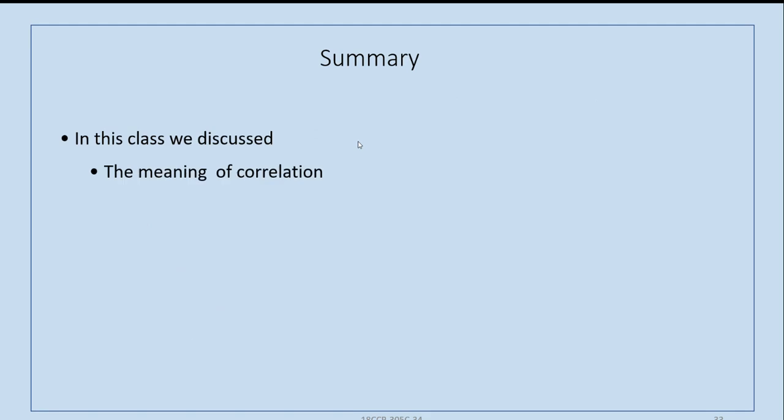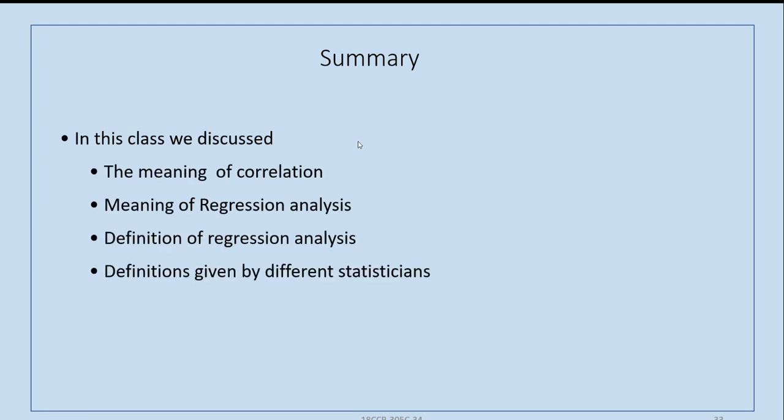So coming to regression, we have seen the meaning of correlation, the meaning of regression analysis, the definition of regression analysis, and definitions given by different statisticians. Definitions given by 4 or 5 statisticians we have seen. We have also understood the conclusion of the definitions.